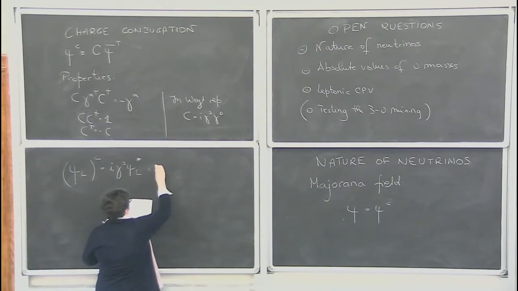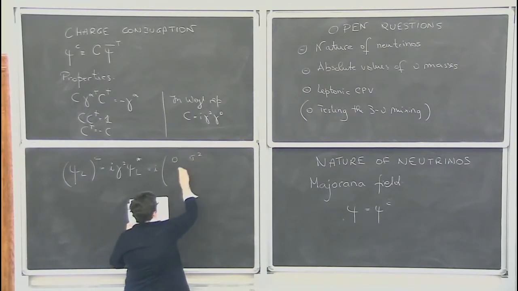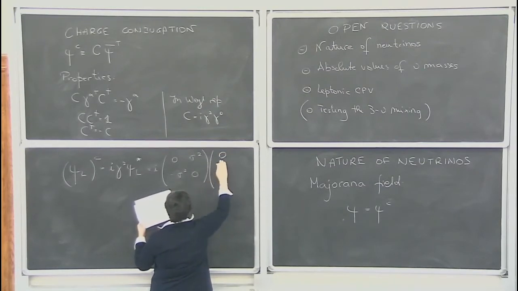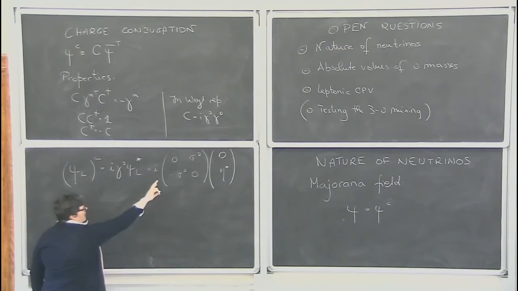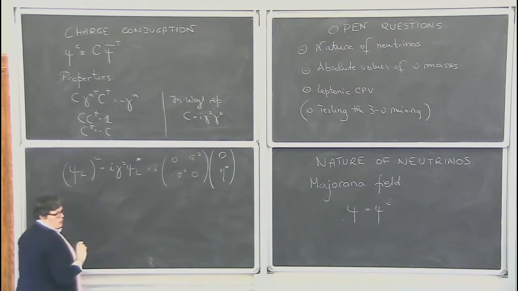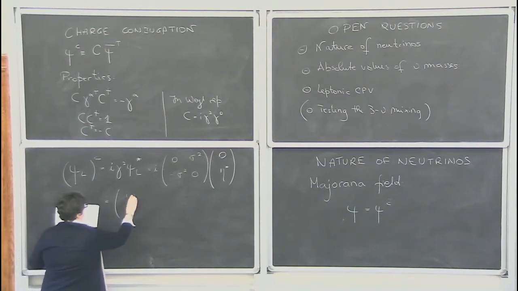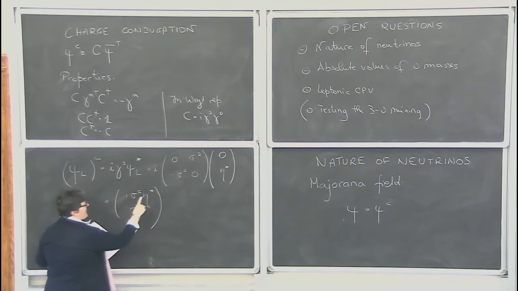And so this is i times the matrix (0, sigma 2; minus sigma 2, 0) applied to psi left, where I define this psi left in terms of an eta component, eta star, and 0. And as you see, this will swap the up and down components, and so will give me i sigma 2 eta star, 0, which is a right-handed field.